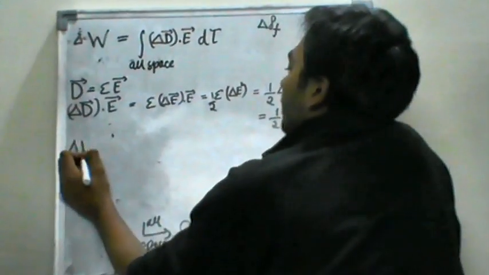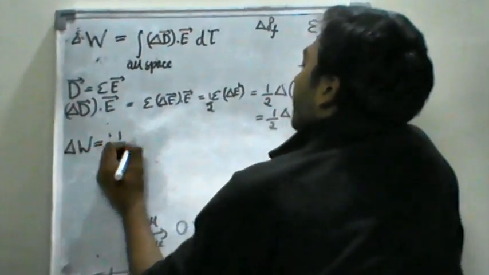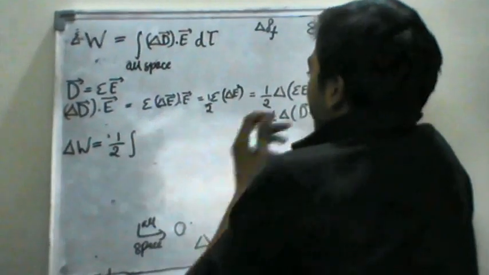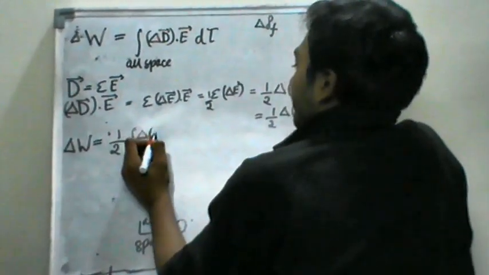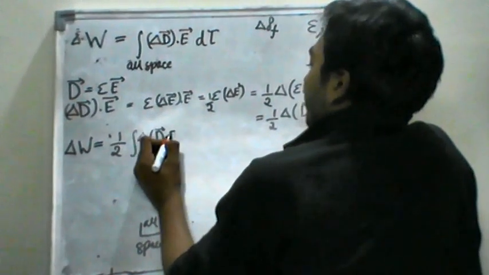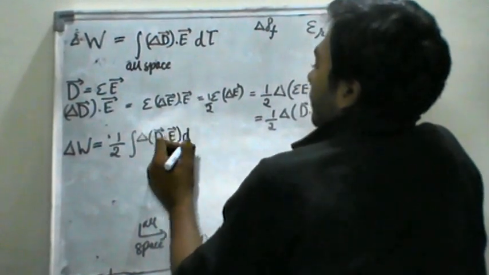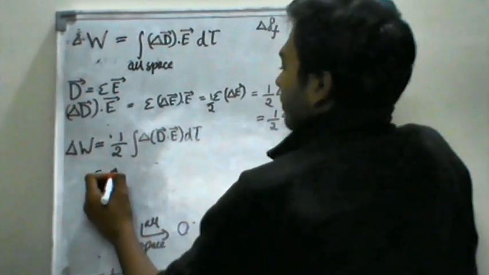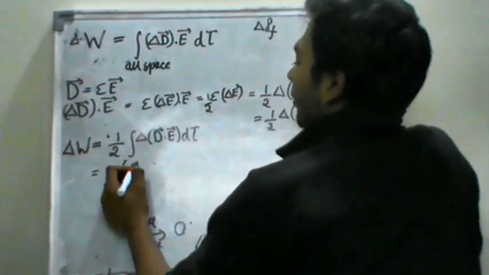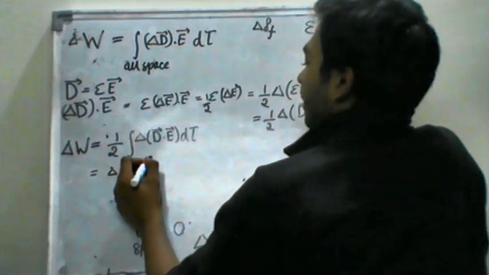So let us try and replace that there. You will get half integral, putting the delta out, because it really won't matter how you sum it up.